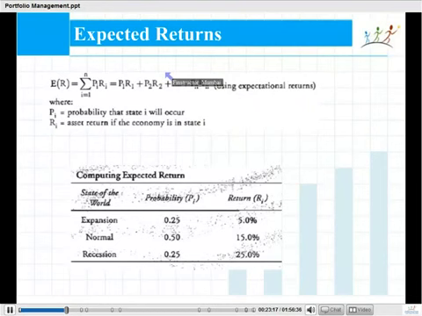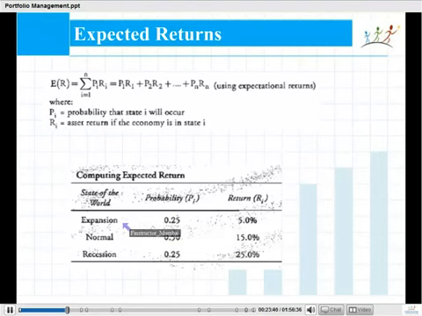We know from the chapter on probability that expected returns from a portfolio or expected returns on an asset can be computed as the weighted average of the individual returns. So let's compute the expected return for this asset. There's a 25% chance that the economy will be in an expansion.